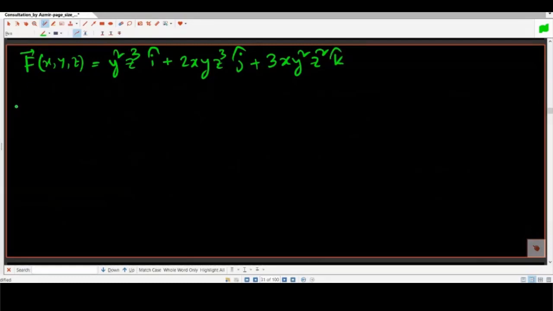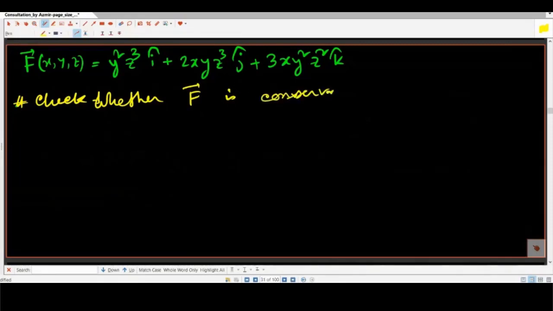So we have to check whether the vector field f is conservative or not. For conservative, curl will be 0. So let's see what happens.